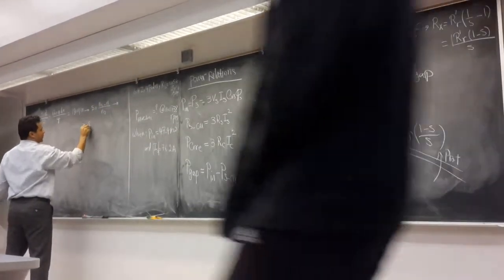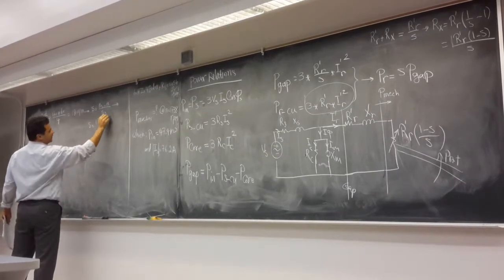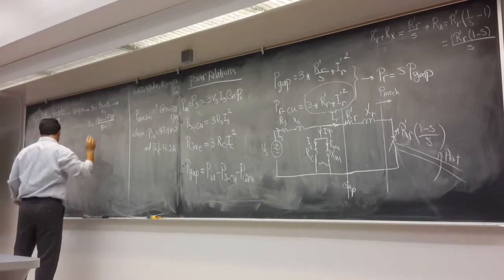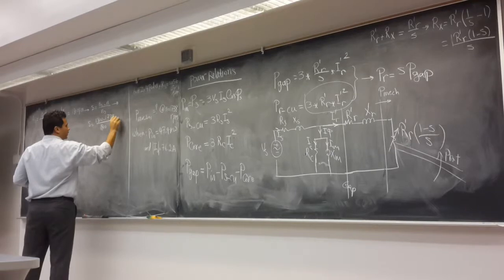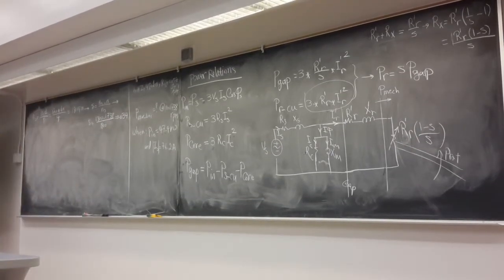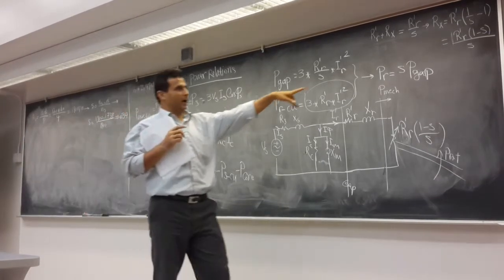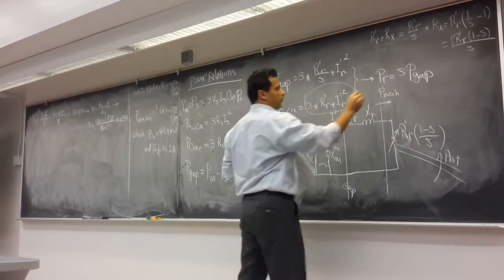So S is going to be 1800 minus 1738 over 1800, which is 0.034. I calculated S. Now I need to calculate the P gap. If I know the P gap, I multiply it by S and I'm going to get P rotor copper, right?